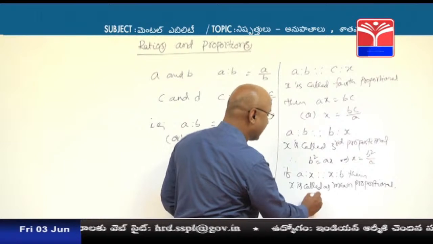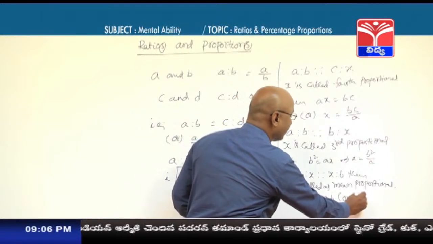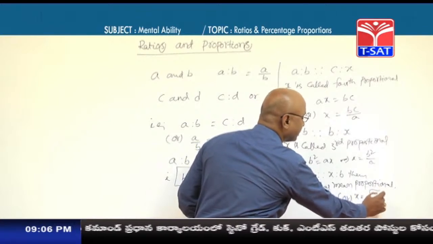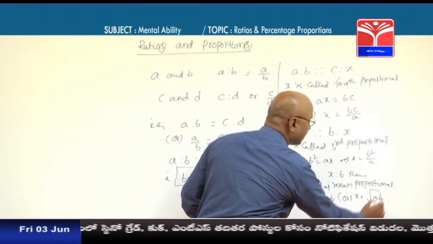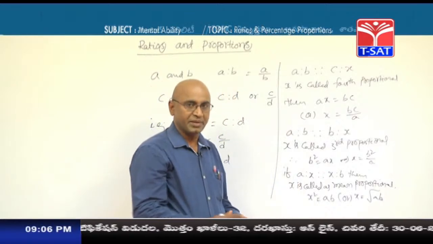Then X square is equal to AB, or X is equal to root AB. So the mean proportional of A and B is X is equal to root AB.